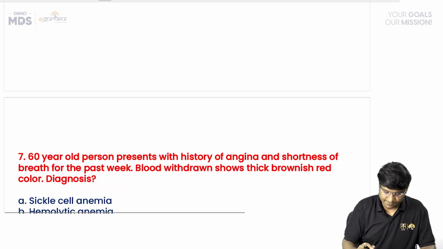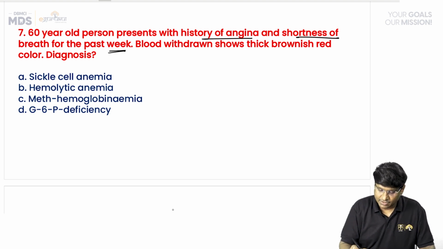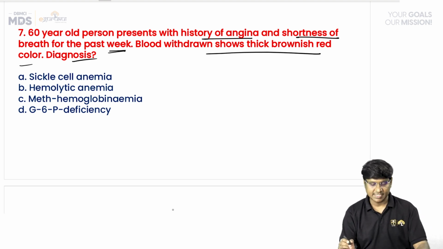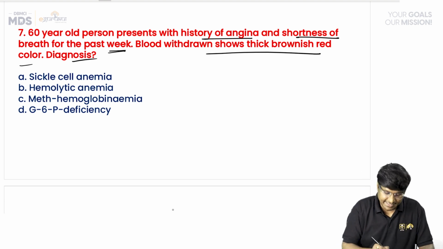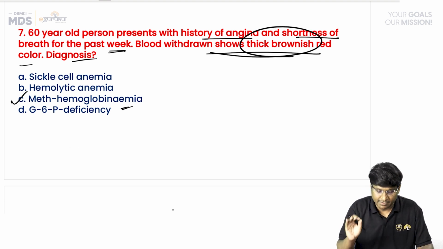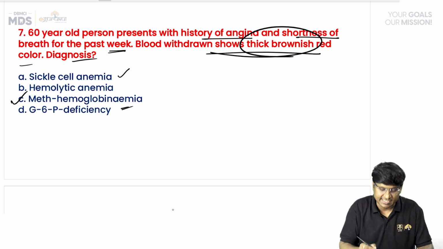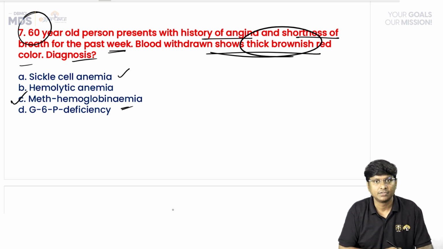Okay, next question. A 60-year-old person presents with history of angina and shortness of breath for the past week. Blood withdrawal shows thick brown red color. What is the diagnosis? Sickle cell, hemolytic anemia, methemoglobinemia, G6PD deficiency. In case of methemoglobinemia, you will have thick brownish red color upon drawing the blood. Sickle cell is usually a pediatric presentation. Here the age is 60, so option A is ruled out.